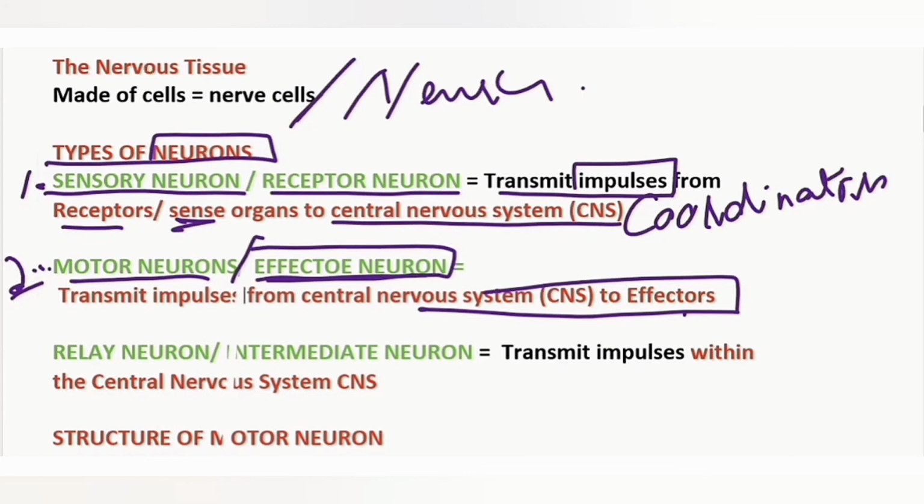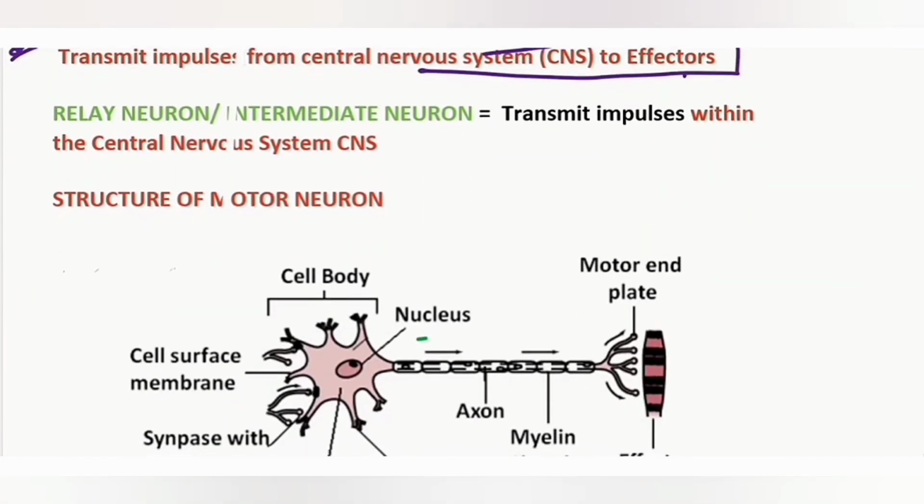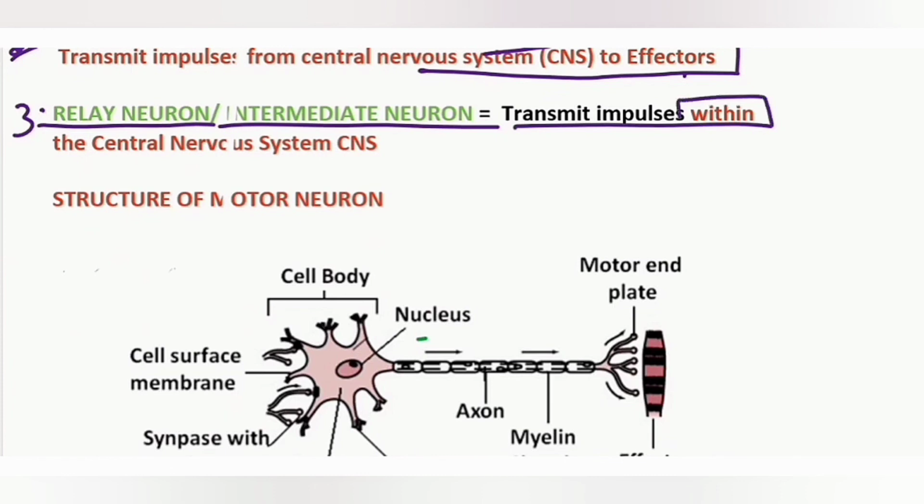The third type of neuron is the relay neuron, also known as the intermediate neuron. These transmit impulses within the central nervous system, within the brain or within the spinal cord, or between the brain and spinal cord, and between the spinal cord and brain.